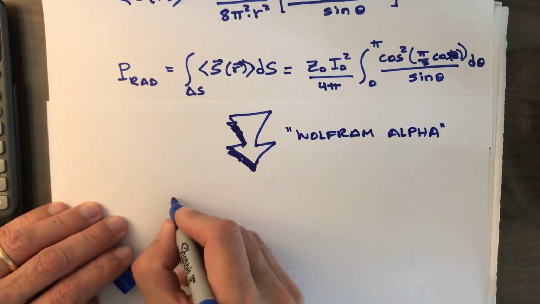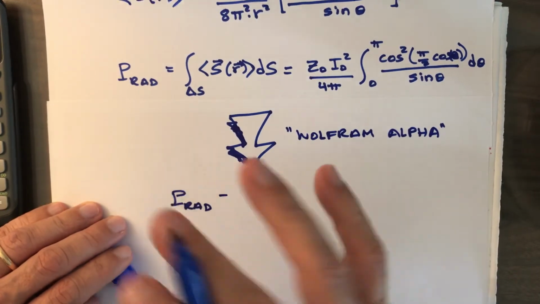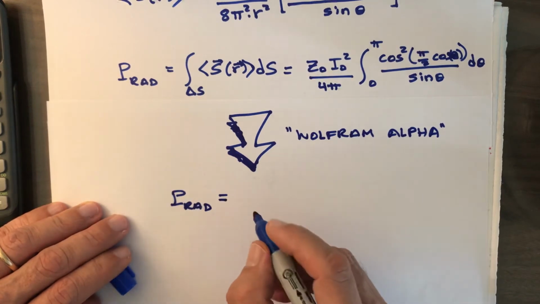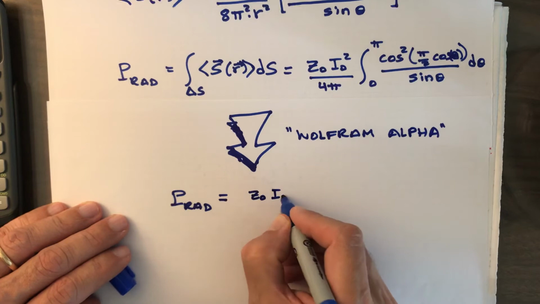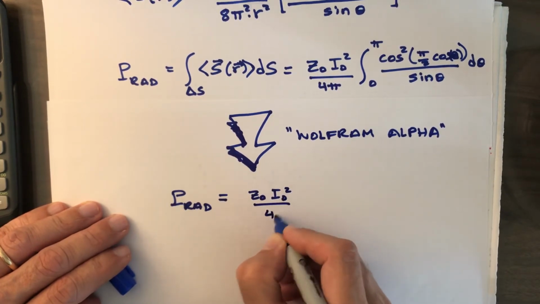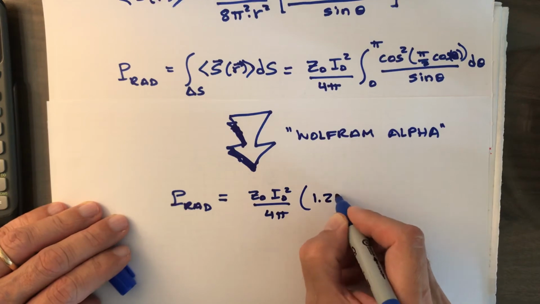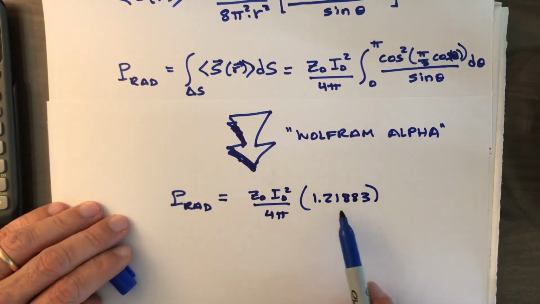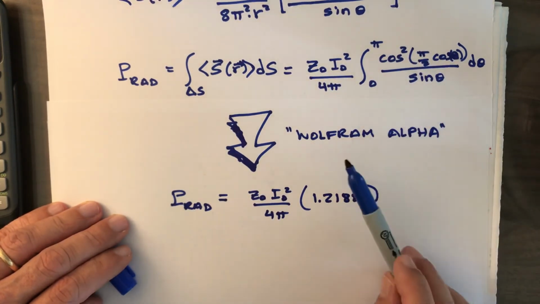So that gives you that the radiation power integrated over the entire sphere for the half wavelength dipole equals Z naught I naught squared over 4 pi times this number, 1.21883. Again, we got this number using Wolfram Alpha to integrate that definite integral.